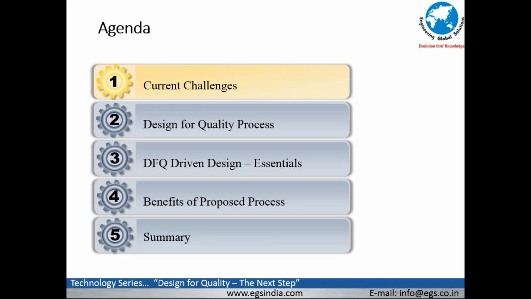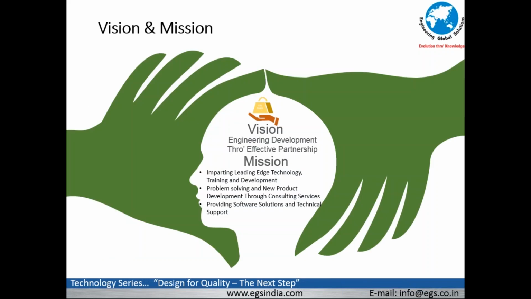For people who do not know us, EGS India's vision is engineering development through effective partnership. The vision is accomplished through mission statements, namely imparting leading edge technology in training and development, problem solving and new product development through consulting services, and providing software solutions and technology support to our customers India-wide.